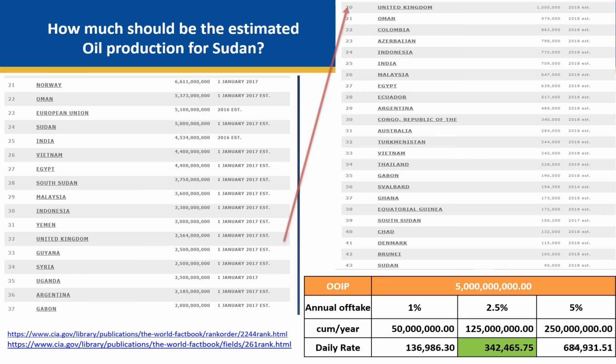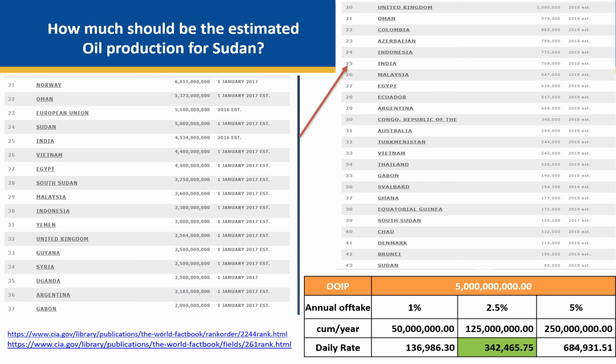And I can show another example for some countries. The United Kingdom has only 2.5 billion, but the production is almost 1 million barrels per day. So this is achievable. Another example is Oman. Oman has only 5.3, almost the same as Sudan, but the production is 979,000 barrels per day.